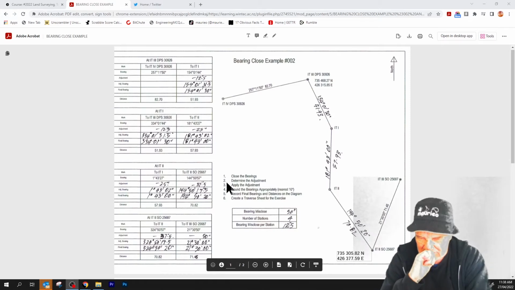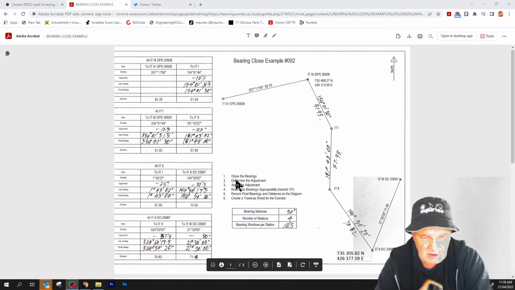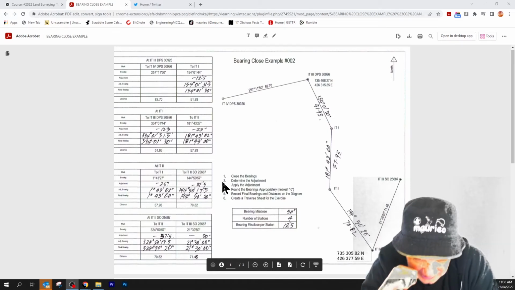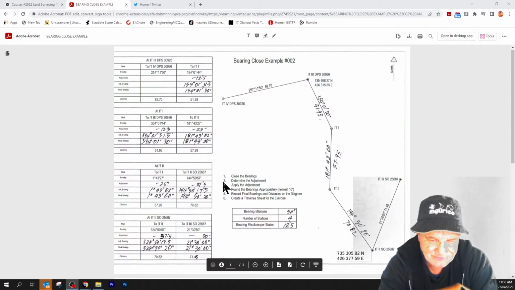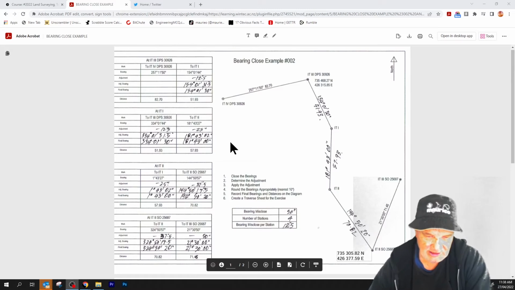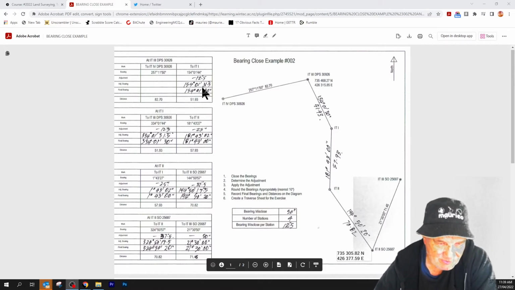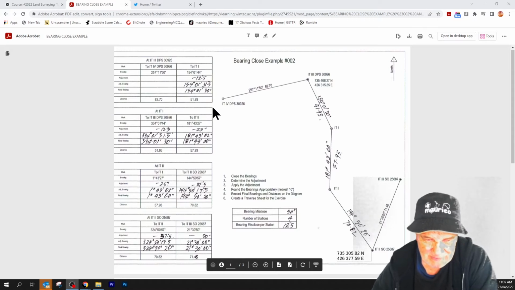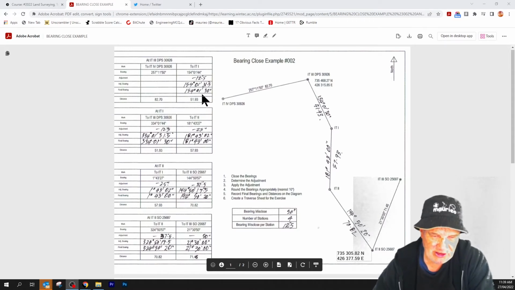So that's 12.5 seconds applied at each angle. Then that gives us our adjusted bearing, and then we round them to the nearest 10 seconds. I've done that in this case here.